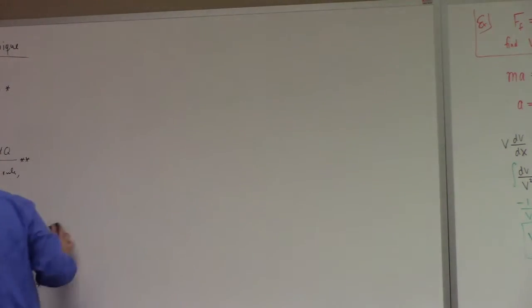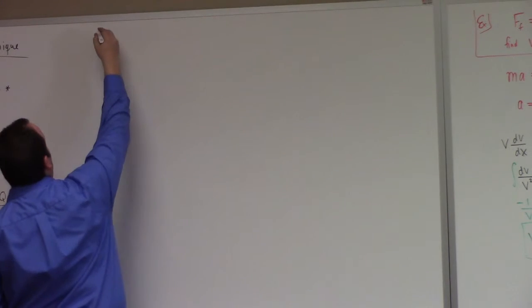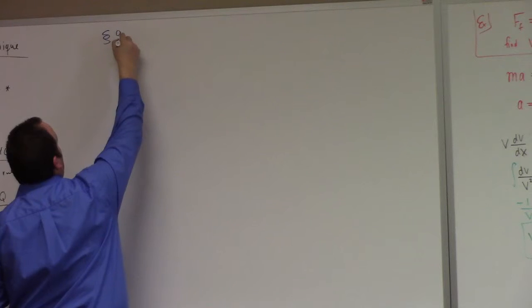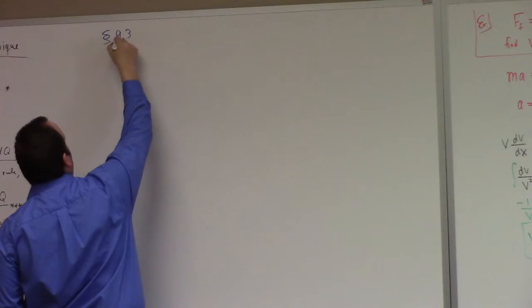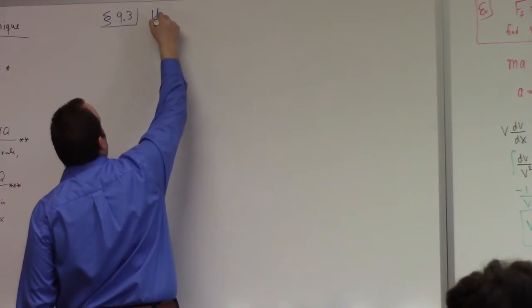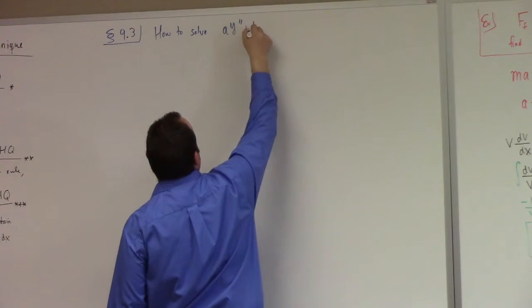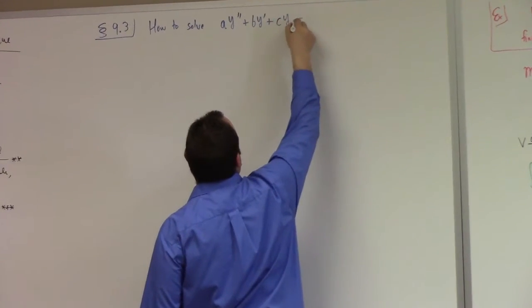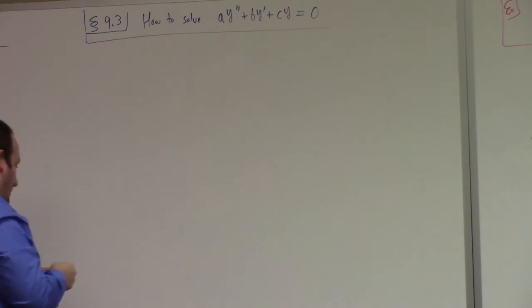All right, so the next problem, which is section 9.3, I think, is on how to solve a y prime prime plus b y prime plus c y equals 0. How do you solve a problem like that?